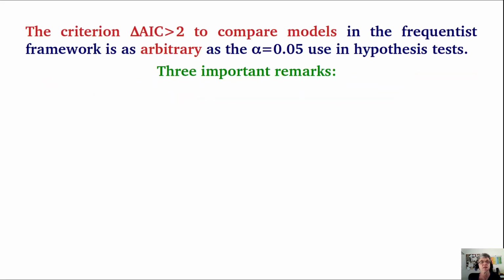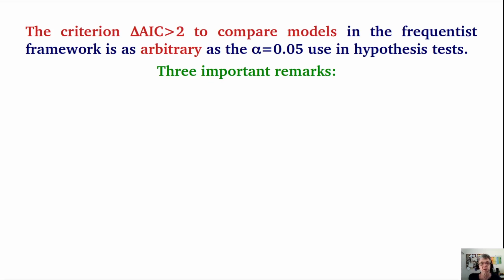The rule of delta AIC greater than 2 units to compare models in the frequentist framework is completely arbitrary, as arbitrary as the significance criterion of 0.05 in hypothesis tests. So use it with care.